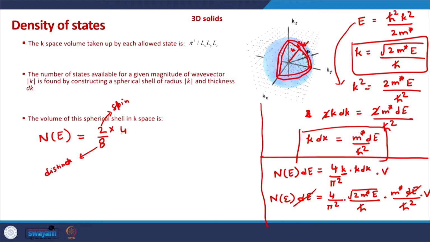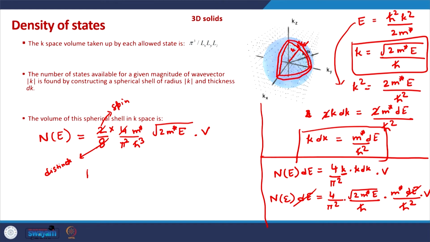and the rest of the expression looks like this: 4 by pi square h bar cube times m star square root of 2 m star E times V. So, 4 twice 8, so they go away.